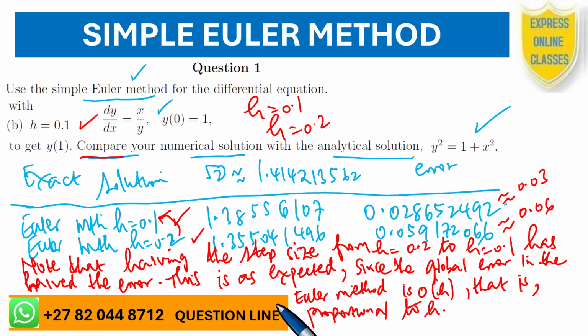This is as expected, since the global error in the Euler method is big O of h, that is proportional to h.